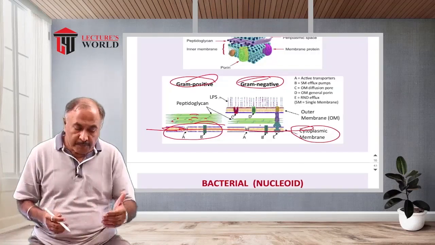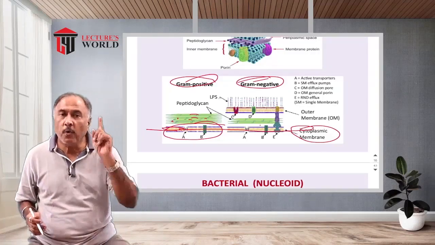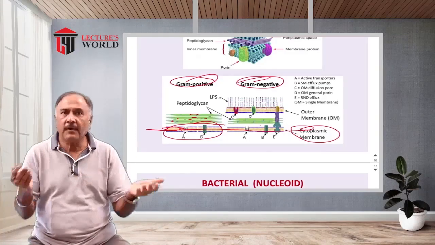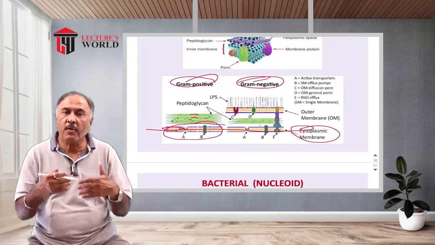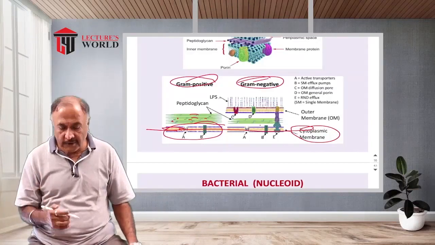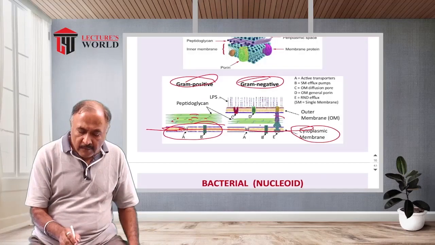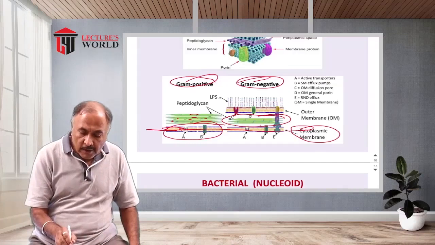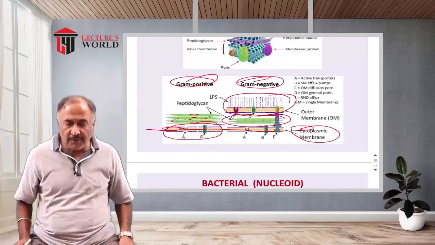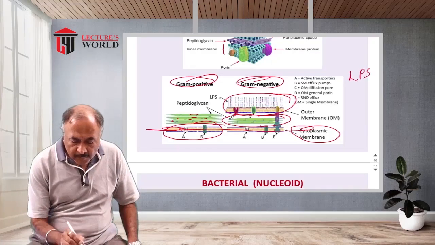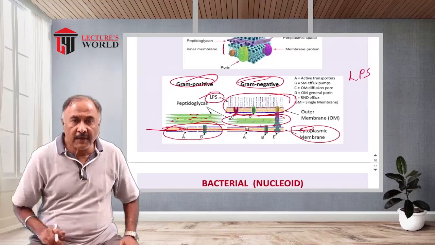Another difference: peptidoglycan being the only layer in gram-positive, it is the exterior layer, the outermost layer, while in the case of gram-negative organisms, peptidoglycan makes a second, inner layer, while the outer layer is this lipopolysaccharide, in short known as LPS.